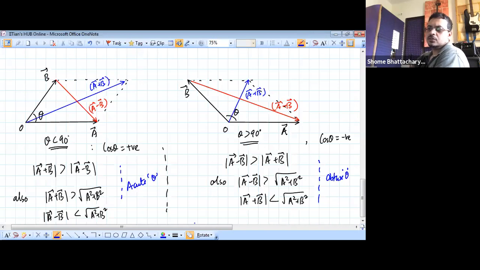So that condition on the two things, A plus B and A minus B, becomes very obvious if you just visualize the parallelogram. Similarly, squeeze the angle theta more than 90. You can see it's happening the other way around. Now the shorter diagonal is the sum one, and the longer diagonal is the difference one. So theta greater than 90 implies that mod A minus B is greater than mod A plus B. Becomes very obvious by visualizing the diagram.